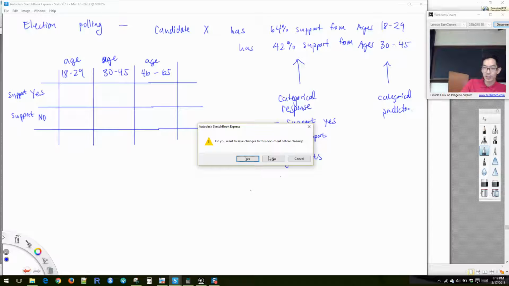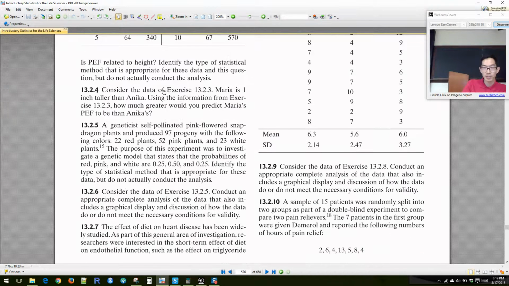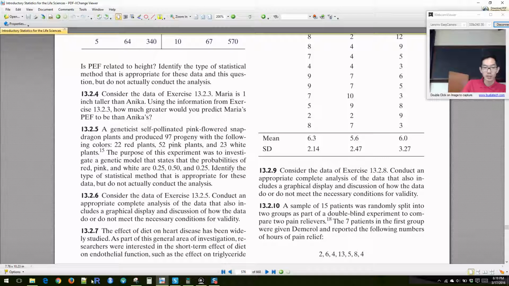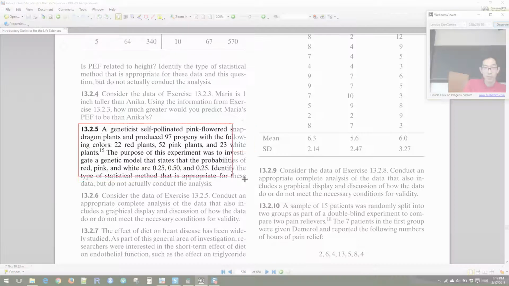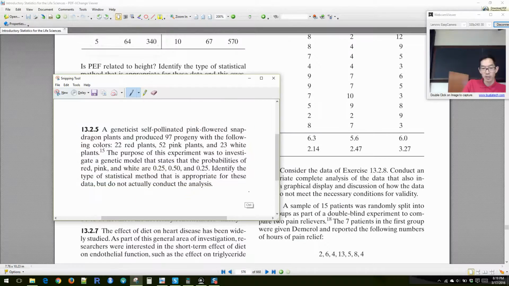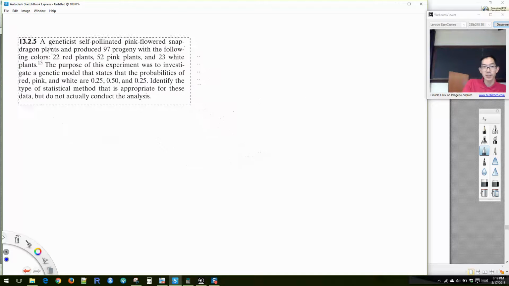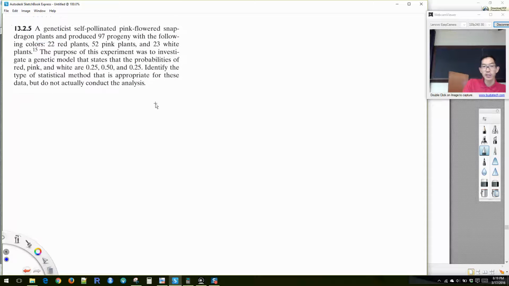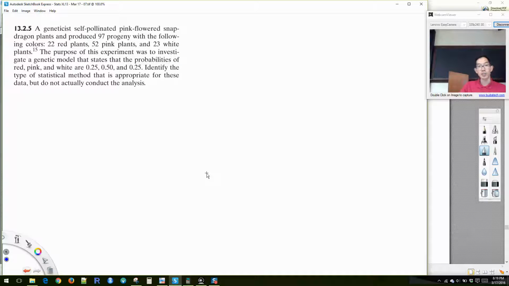All right, we'll look at another example. Here is a geneticist who self-pollinated pink-flowered snapdragons and produced 97 progeny with the following colors: 22 red plants, 52 pink plants, and 23 white plants.